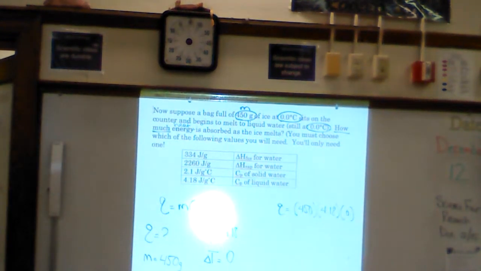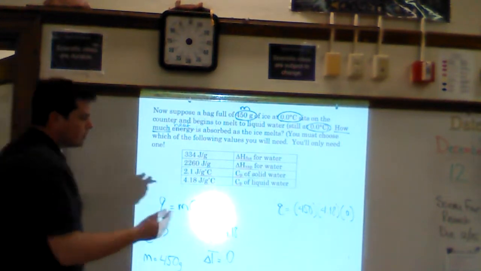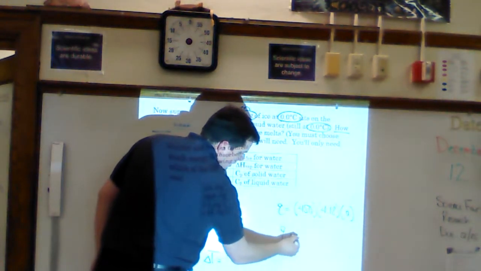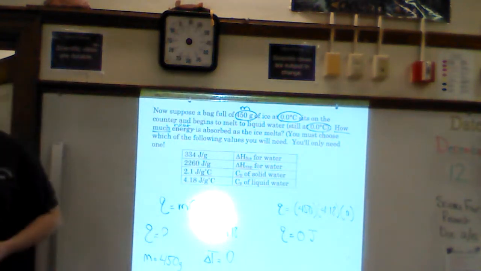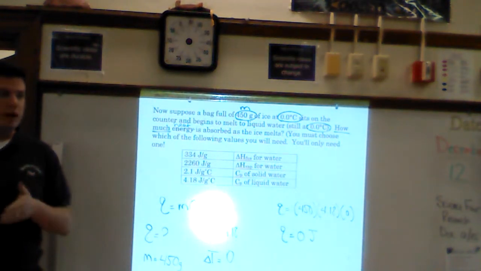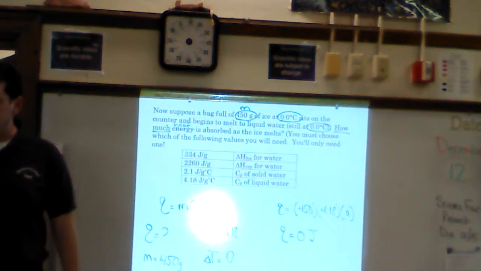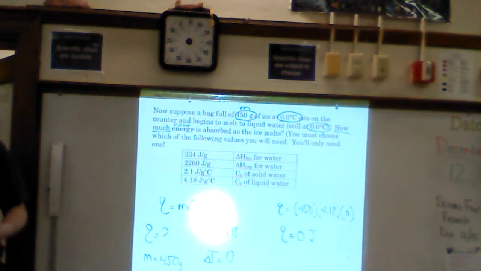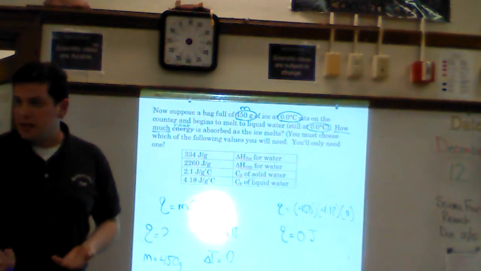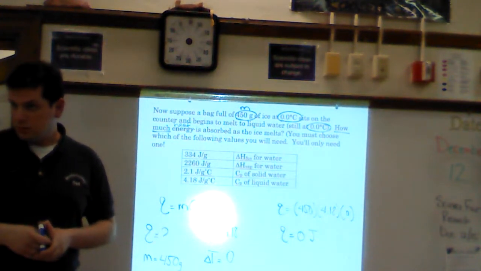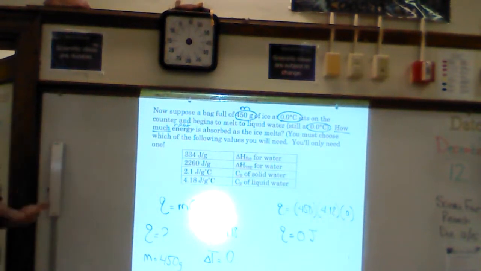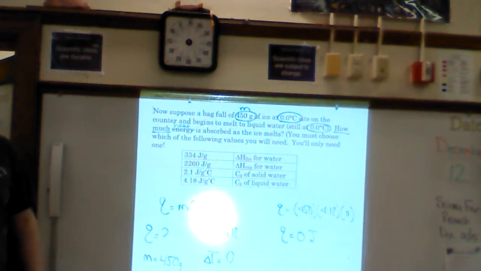What do you get when you multiply anything times 0? 0. So basically what you're saying to me is that Q is equal to 0 joules? That's not right. Because we know that melting things takes energy, right? Melting is an endothermic process. You have to put energy in, right? So it can't be correct. It's not 0 joules.